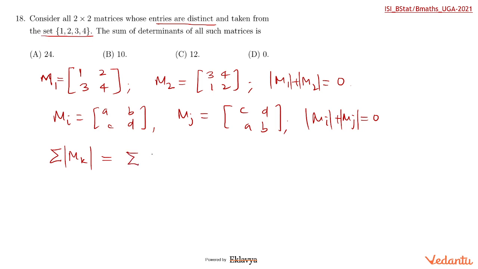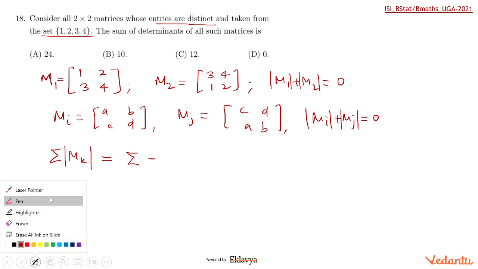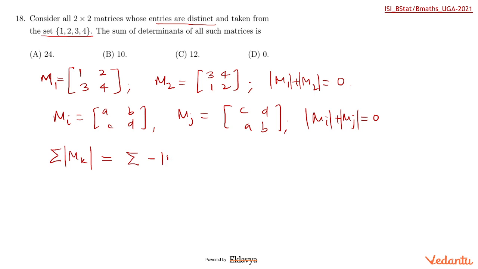So इसको हम लिख सकते हैं determinant of minus of Mi. There'd be matrix corresponding, जैसे मैं i use करता हूँ, तो इसमें all possibilities i is from 1 to 24, right?